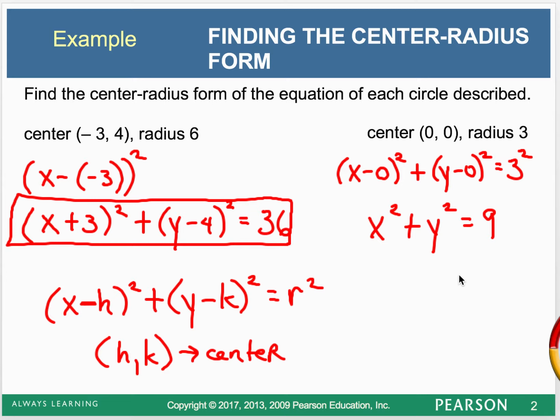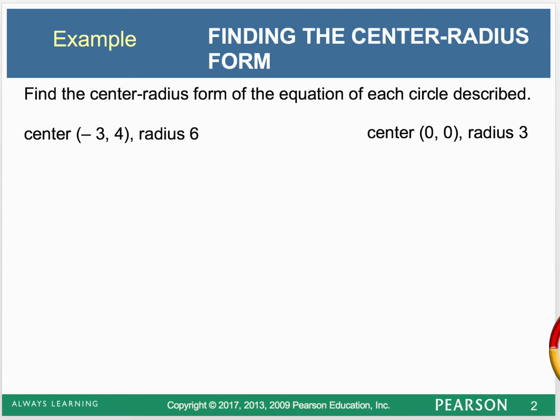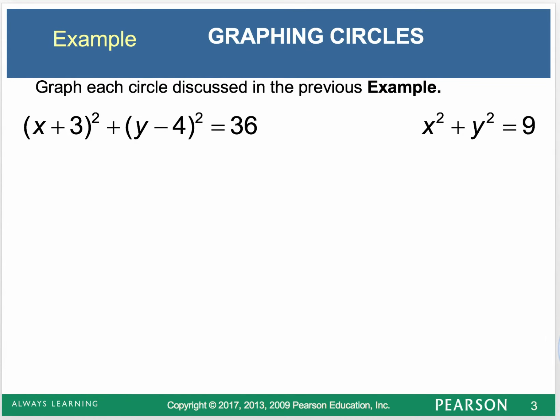So circles in the center radius form, extremely, extremely easy. I know everything about this circle from looking at these equations. Here, the center of this circle is at (-3, 4), and it has a radius of 6 because this is the radius squared. So if I know that information, I can also quickly graph from that information.